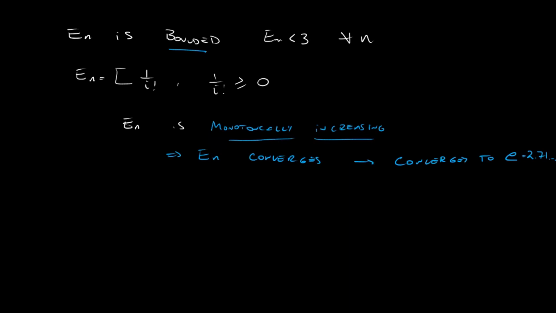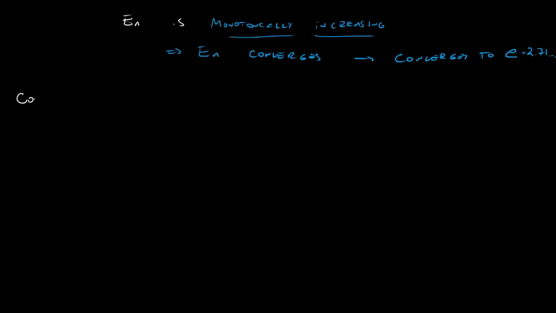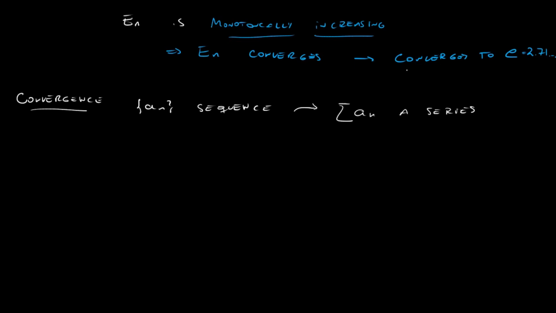So now let's talk a bit about convergence. We have a sequence, E sub n. We studied whether this sequence could converge or not, but now we don't care much about that. We only care about making the sequence a series. We don't yet know how to study series, but what we do know is that we can call S of n the partial sum of the elements in my sequence, and then this is also a sequence.